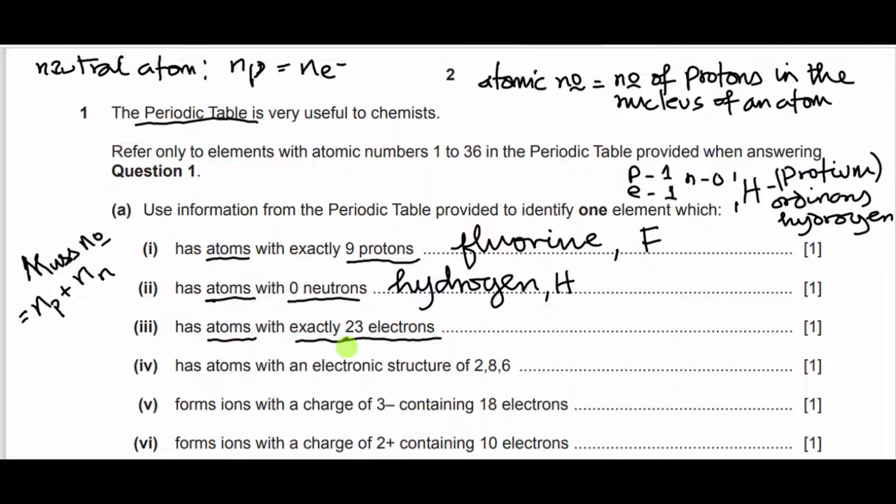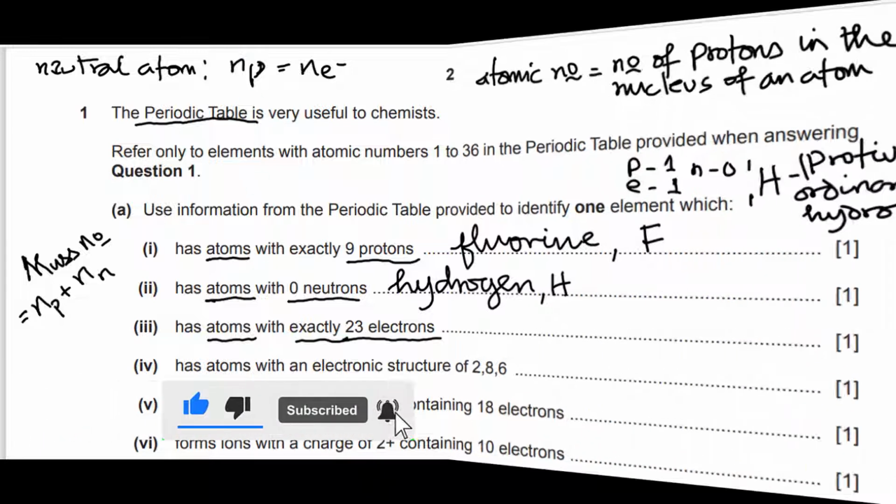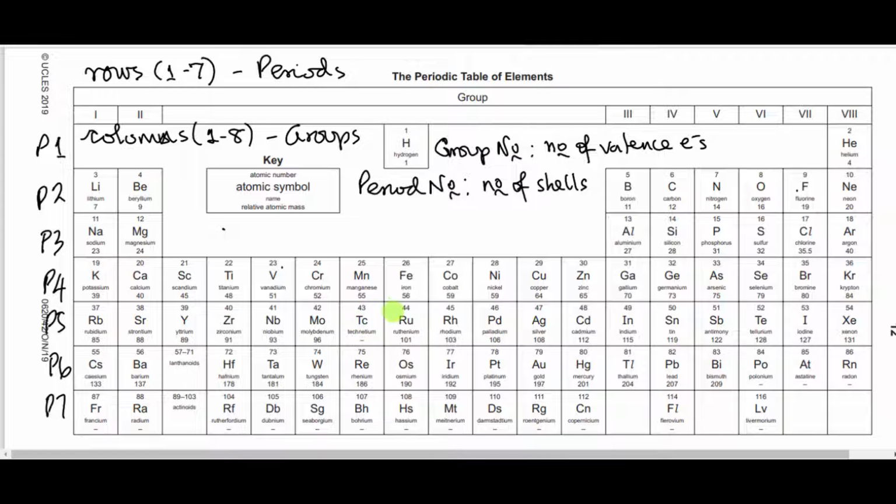So since it has exactly 23 electrons and it is an atom, its atomic number is also 23, because its number of protons will be 23. So let's go and look for the element with atomic number 23.